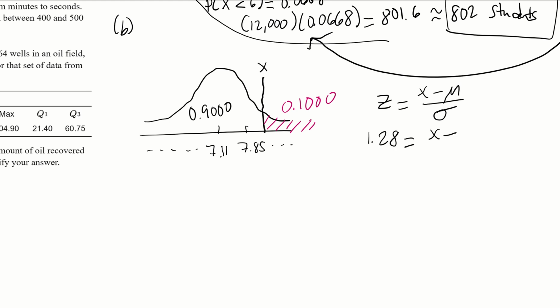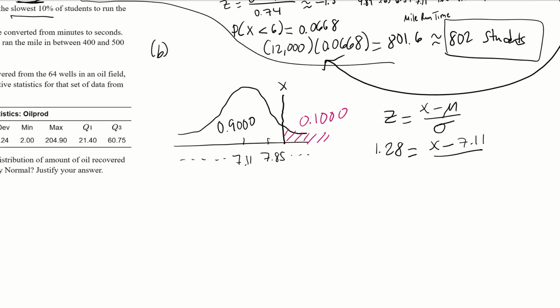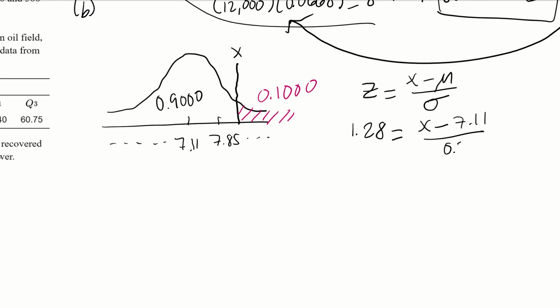We don't know where our x value is, minus our mean is 7.11, and our sigma was 0.74. So here we go, we're trying to solve. So we're going to multiply both sides by 0.74 to cancel.